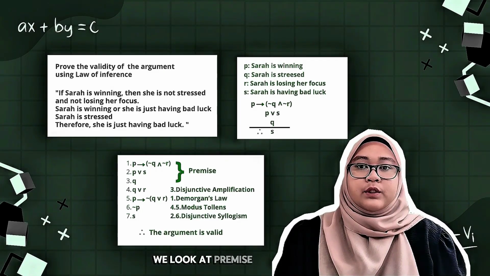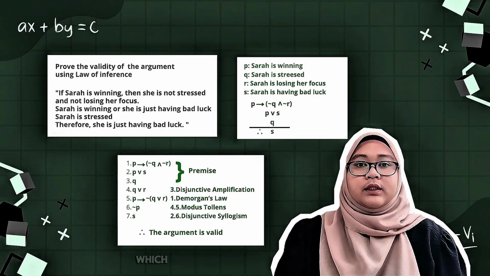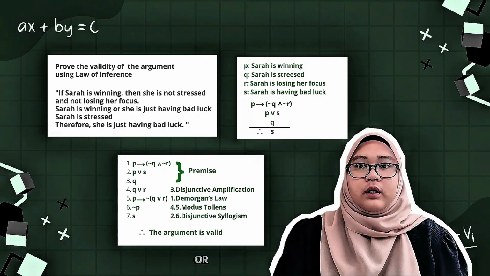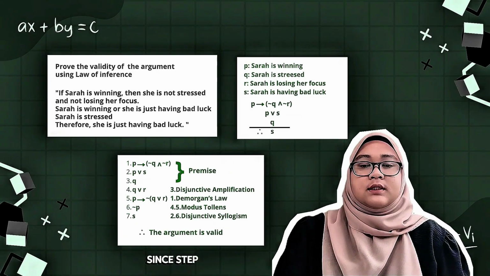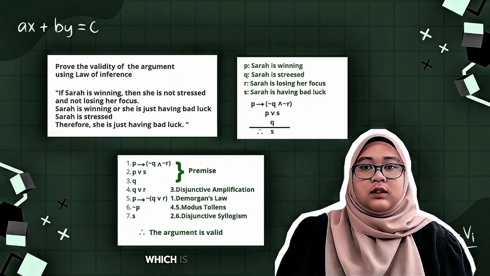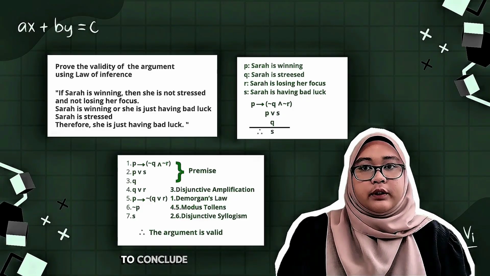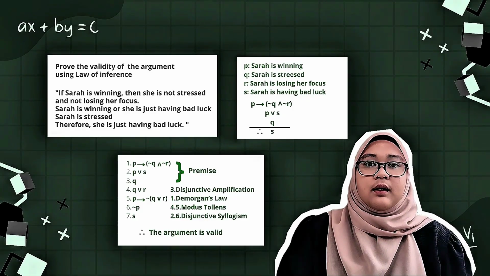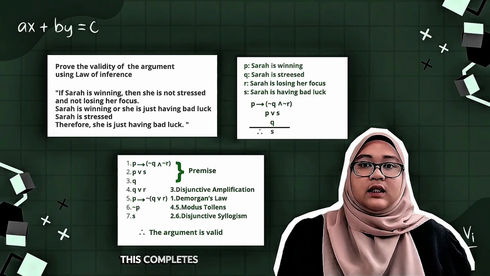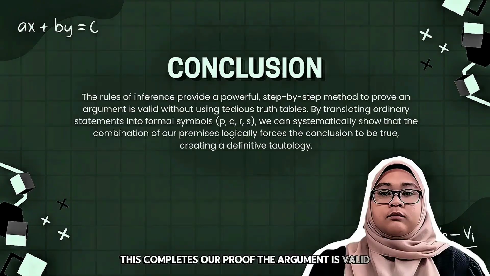Finally, in step 7, we look at premise 2, which is P or S, which states that Sarah is either winning or having bad luck. Since step 6 proves she is not winning, which is negation P, we use disjunctive syllogism to conclude that she must be having bad luck, which is S. This completes our proof. The argument is valid.